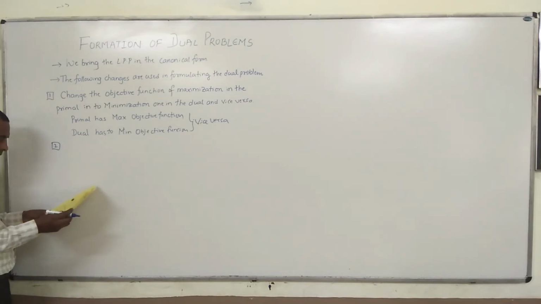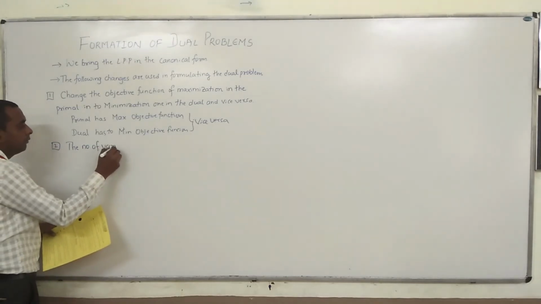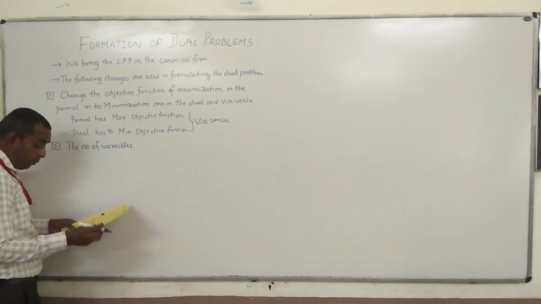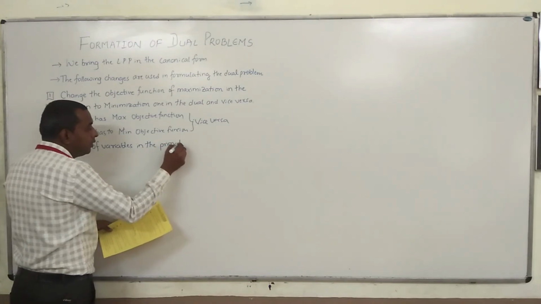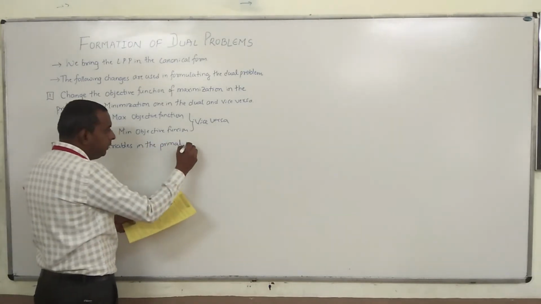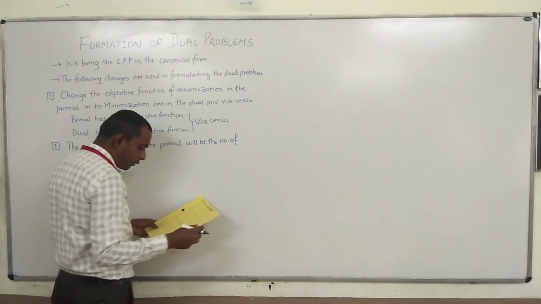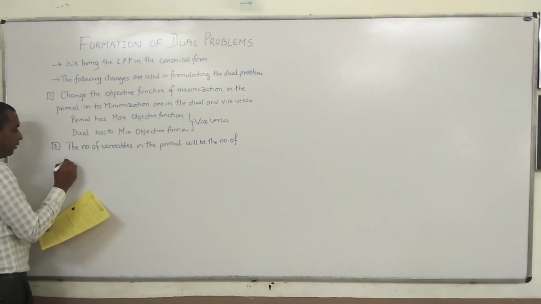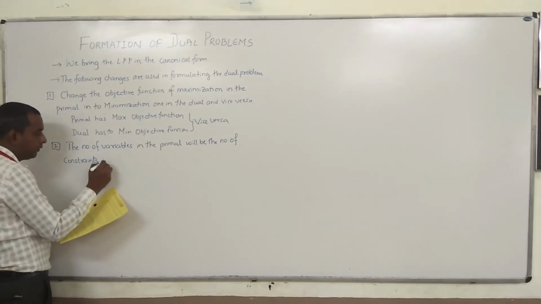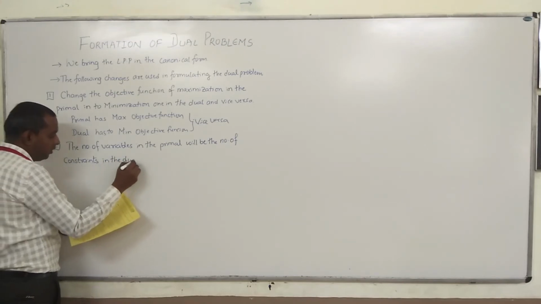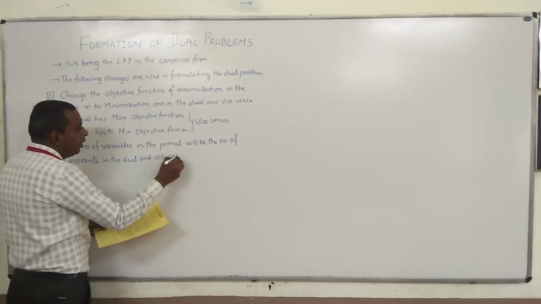The second one: the number of variables in the primal will be the number of constraints in the dual, and vice versa.